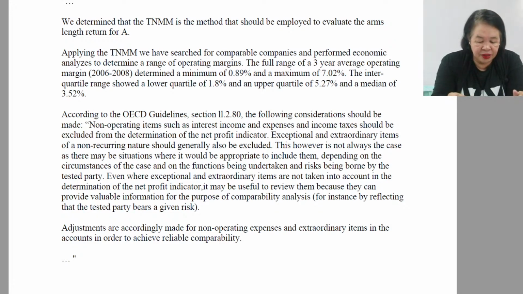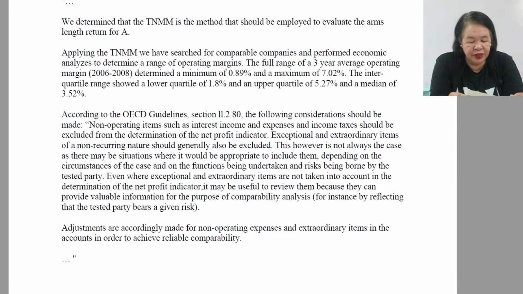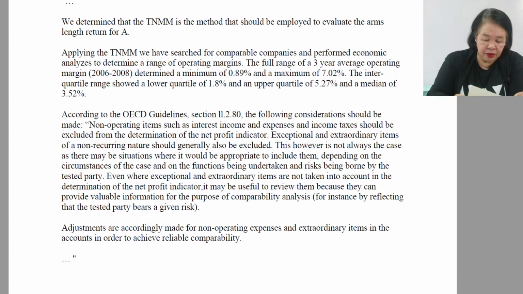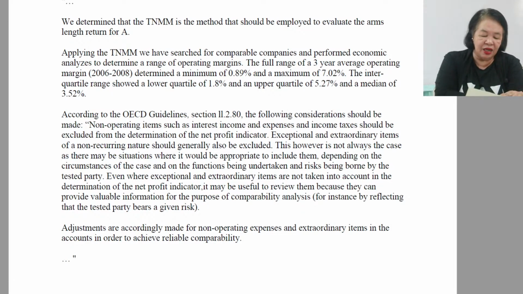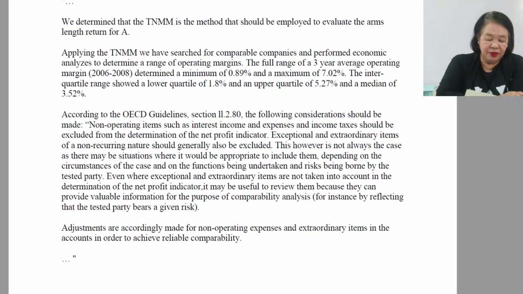The full range of a 3-year average operating margin 2006 to 2008 determined a minimum of 0.89 and a maximum of 7.02. The interquartile range showed a lower quartile of 1.8 and an upper quartile of 5.27% and a median of 3.52%.